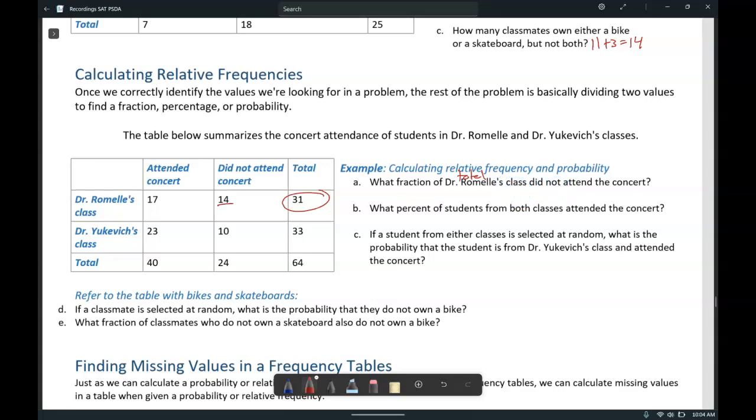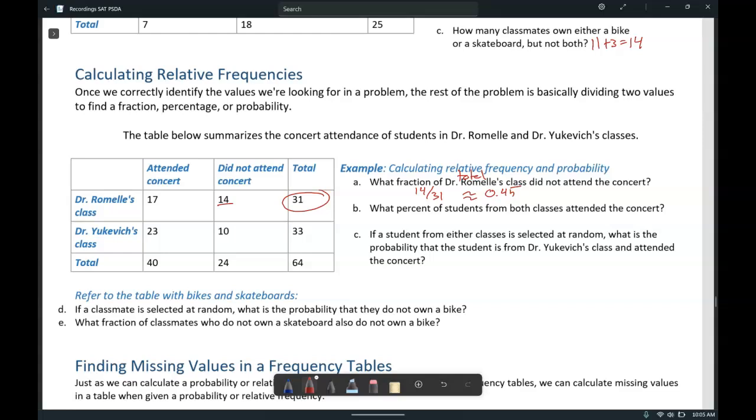So we're looking for the ratio of 14 divided by 31. We can leave it as a ratio, or we could write it in decimal notation. So if we do the division and take it out to 2 decimal places, we get approximately 0.45, which is approximately 45%.